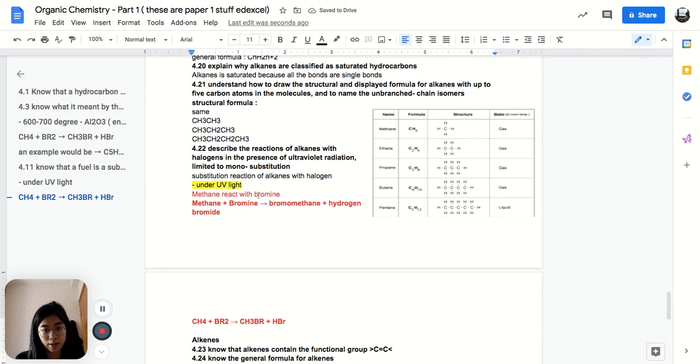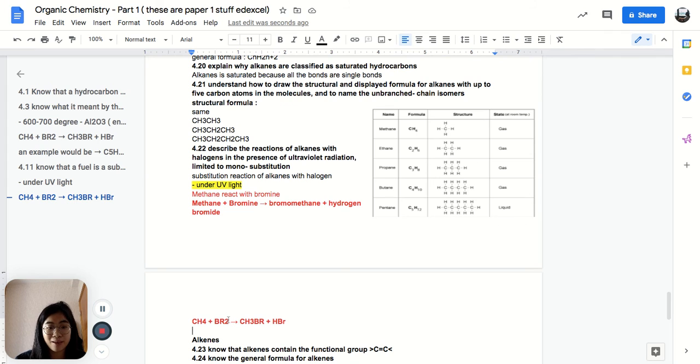Methane will react with bromine, and bromine is one of the halogens which you will learn when you get to the halogen topic. Methane plus bromine will give you bromomethane plus hydrogen bromide. And why does it count as substitution? If you don't remember, it's okay, I will say it again. It's called substitution because it substitutes the H with Br, and the H will react with another Br, because bromine is Br2, and you will know why it's Br2 when you learn the halogen topic.